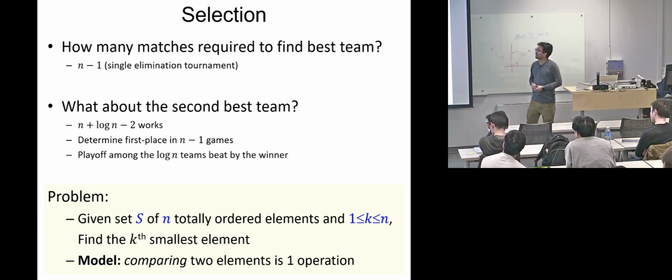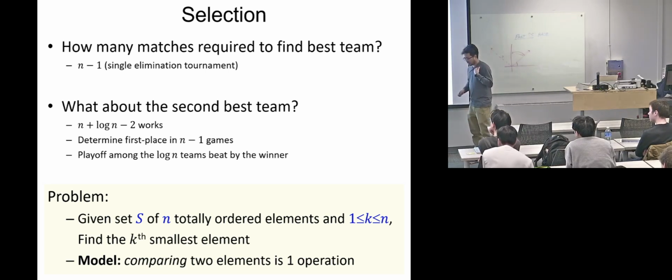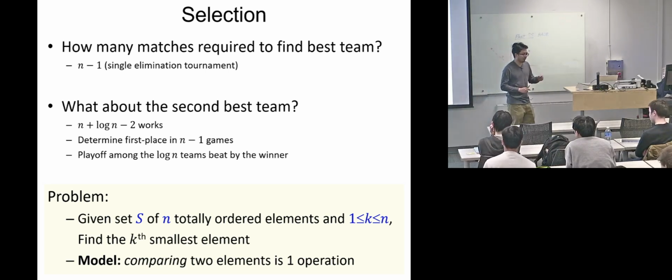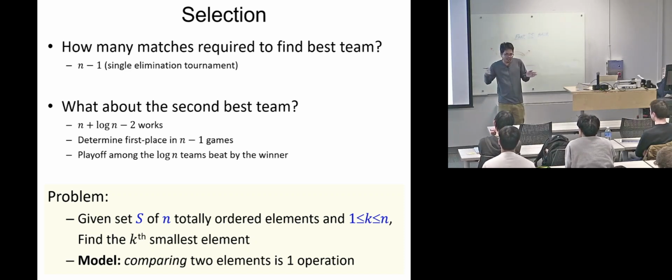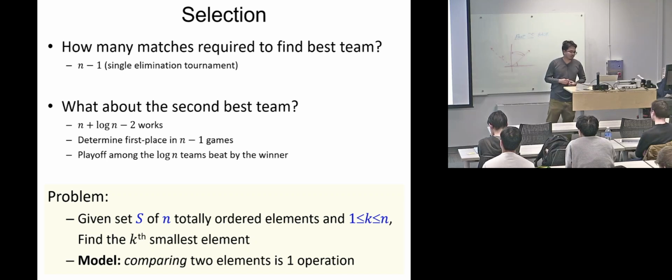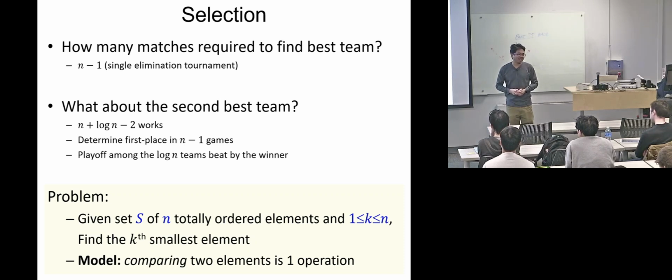So you said that we might just do n plus log n, and if you want to find the third, maybe plus another log n and keep adding a log n and so on. That is good if k is not too big, but suppose that k is n over 2, then you might need to add log n about n over 2 times, so that's n log n.